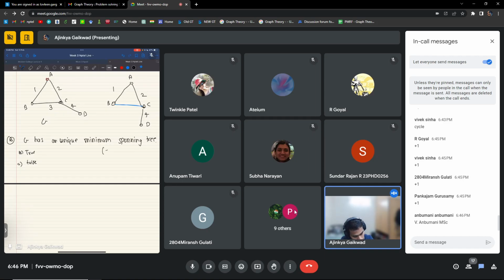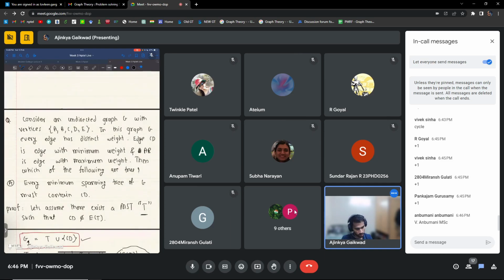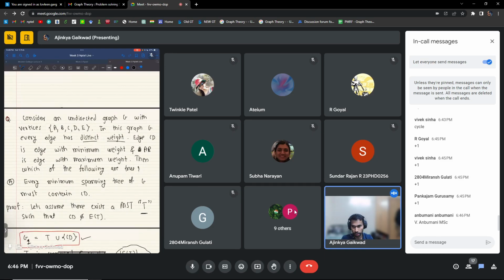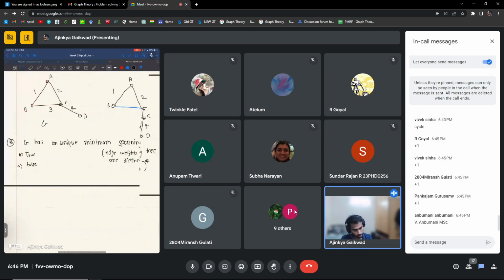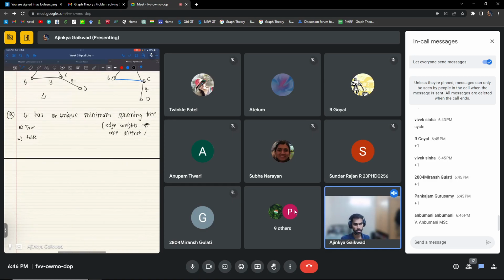So edge weights are distinct. This is given. So I'm just writing that observation down here. Edge weights are distinct. So you can think for a minute or a couple of minutes and let me know.